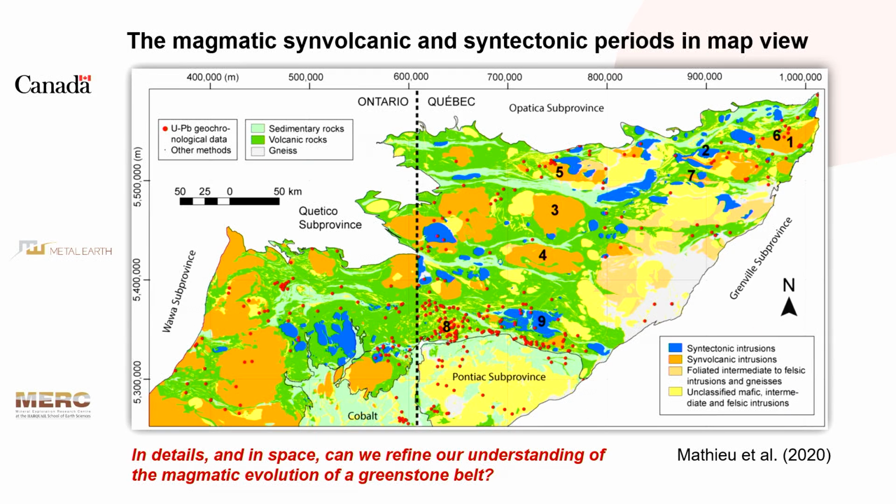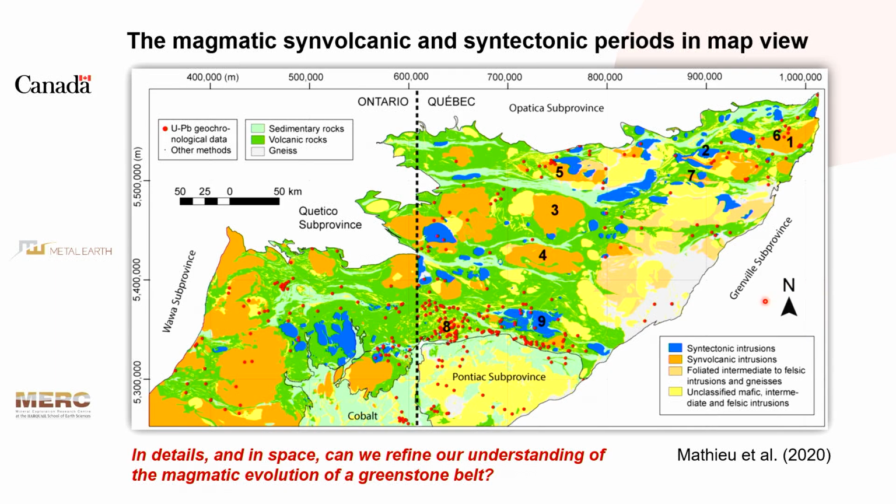And I'm going to conclude the introduction part of this talk by showing you this map that is a bit old now. With what I'm going to show you today, it needs to be updated. But at least it shows, in orange and most of the yellow here on the map, the intermediate to felsic intrusive rocks produced during the synvolcanic magmatic stage.